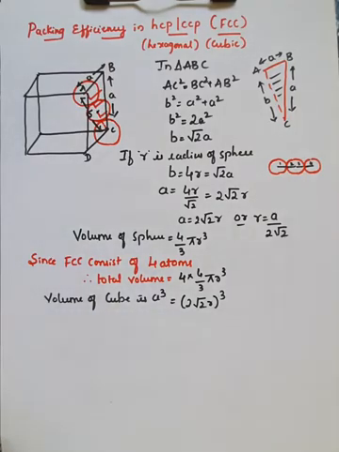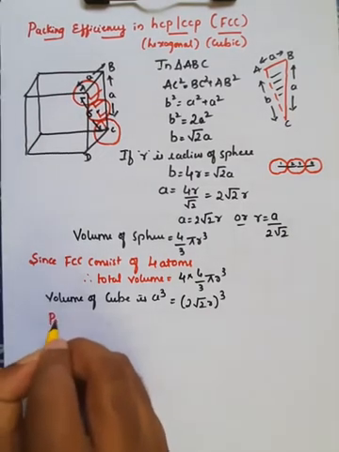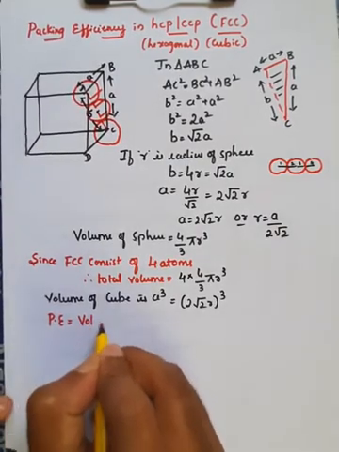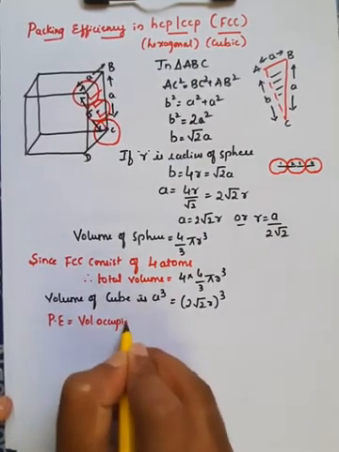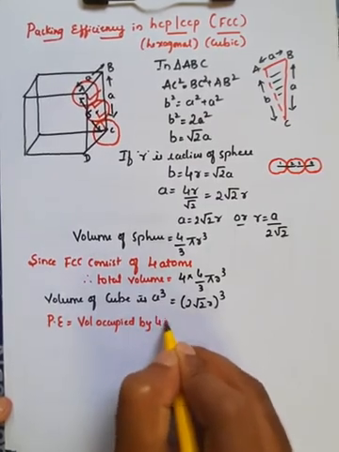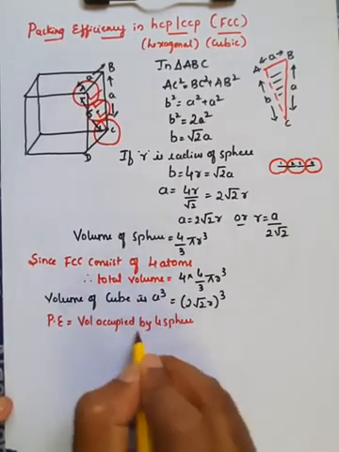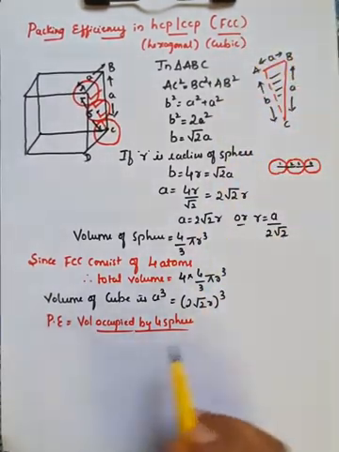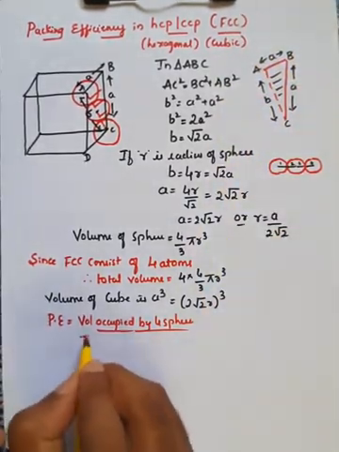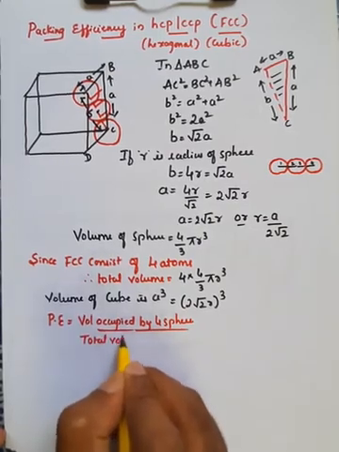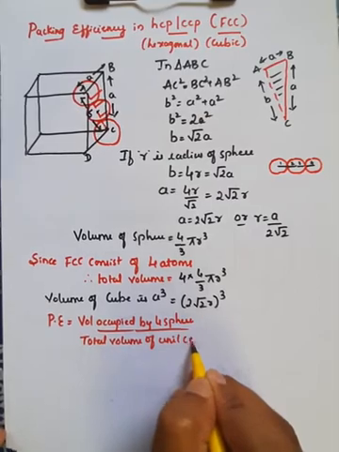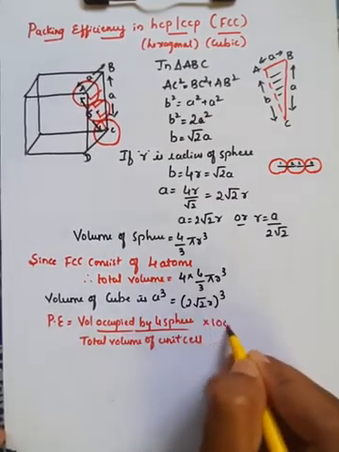Further we'll write the formula and substitute the values. Packing efficiency is equal to the volume occupied by 4 spheres, because there are 4 atoms in case of FCC, divided by the total volume of the unit cell, into 100%.